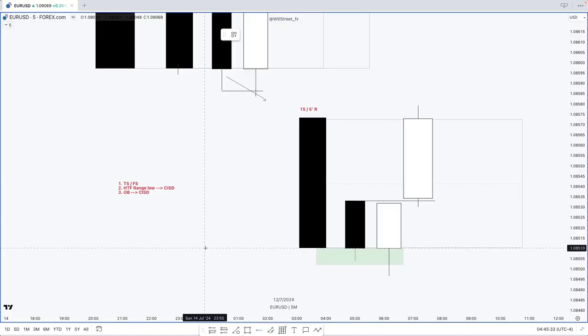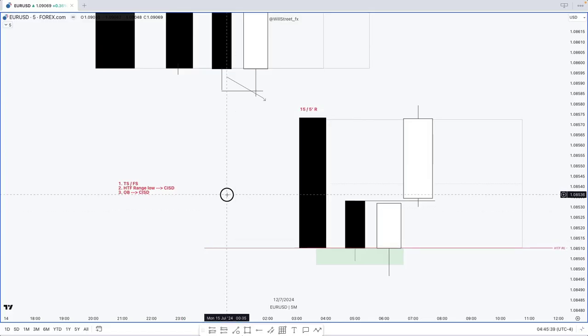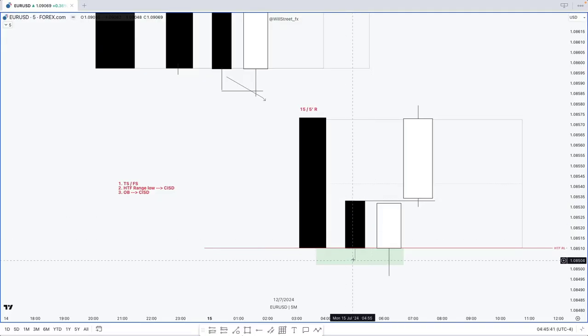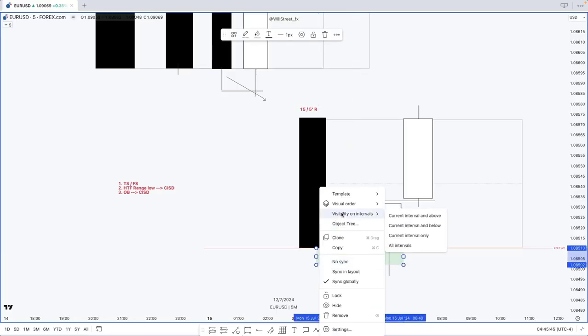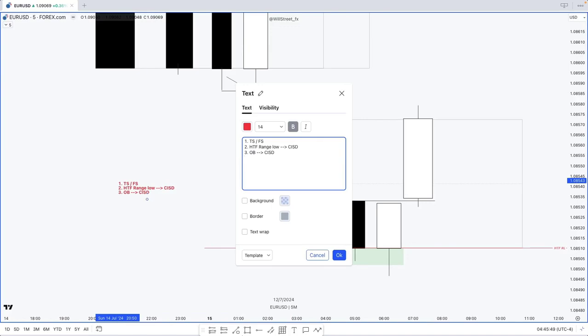So this is the high time frame range low, and let's see the sequence now. Well, it's not over. We have a 4-1, power of 3, within low time frame range.